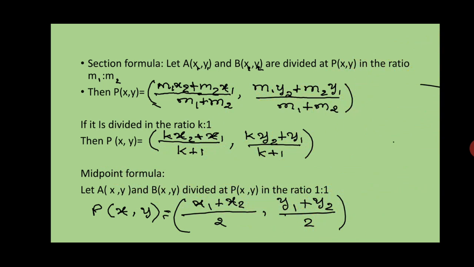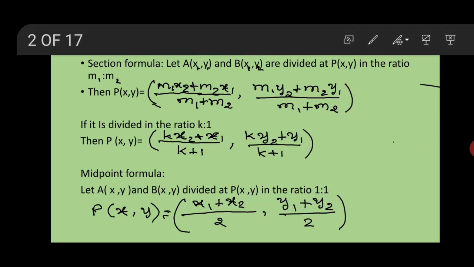Let us take two coordinate points A and B. This is A and B whose coordinates are x1, y1 and point B, its coordinates be x2, y2.